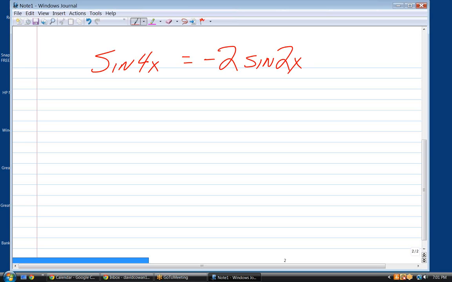Or are we supposed to solve for x? This is just verifying an identity? Actually, no. Find the exact solutions of the equation from 0 to 2 pi.